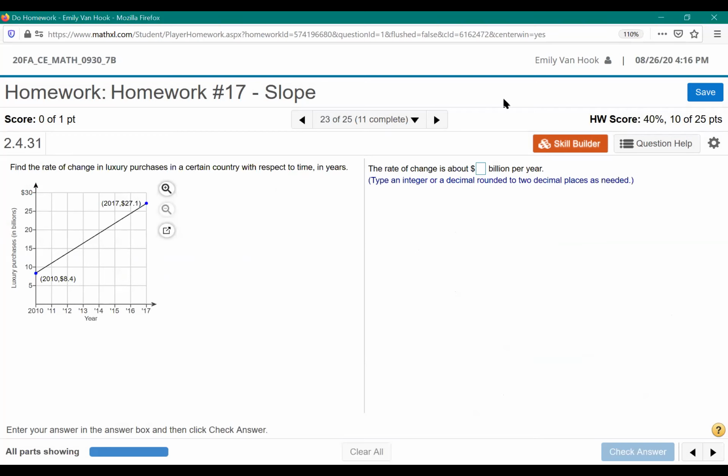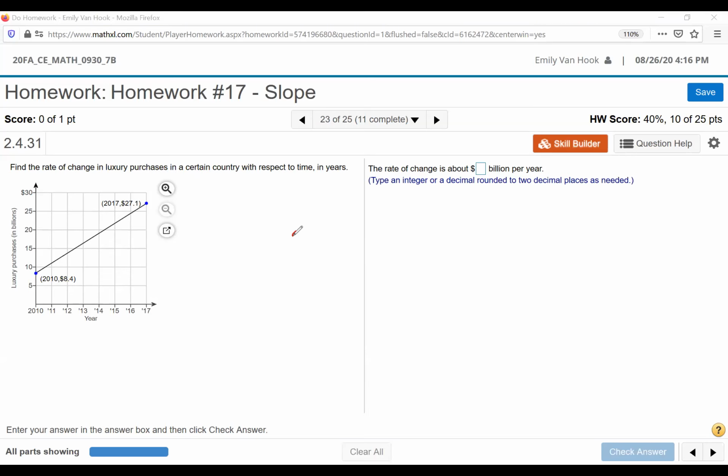Okay, and then we have a rate of change graph. We've seen that before. Let's see, we can count rise over run, although I don't really trust us to do that. Let's use the formula instead. We have these 2 points, (2010, 8.4) and (2015, 27.1).